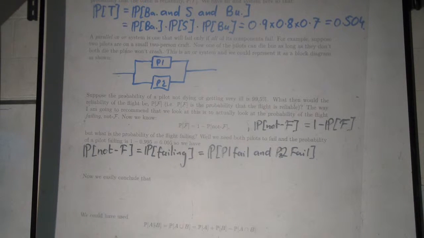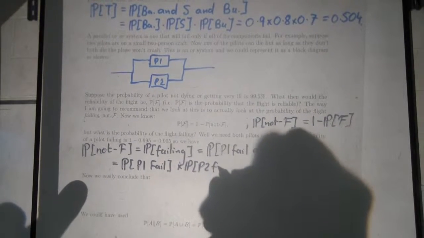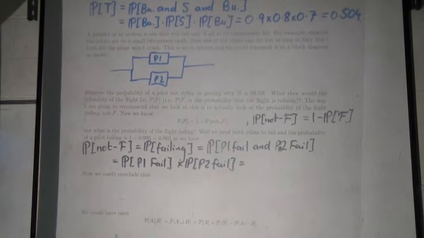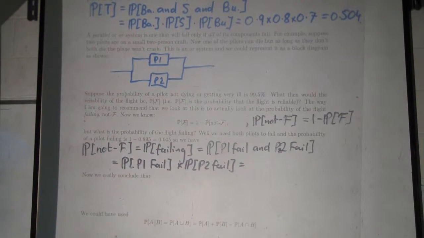But look, they're negligible. Just forget about them. So AND means multiply: the probability that pilot 1 fails times the probability that pilot 2 fails. Now 99.5% of the time there are no issues whatsoever with the pilot.